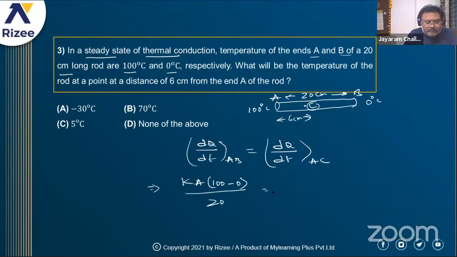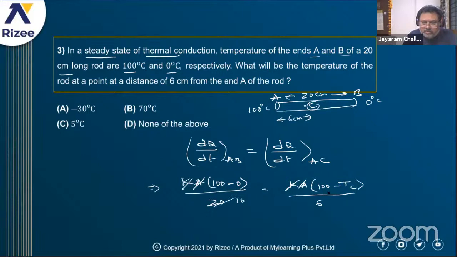And this will be K, and the area A, and the temperature change between A and C is 100 minus TC, by the distance 6 centimeters. These are common terms, you can remove them here.